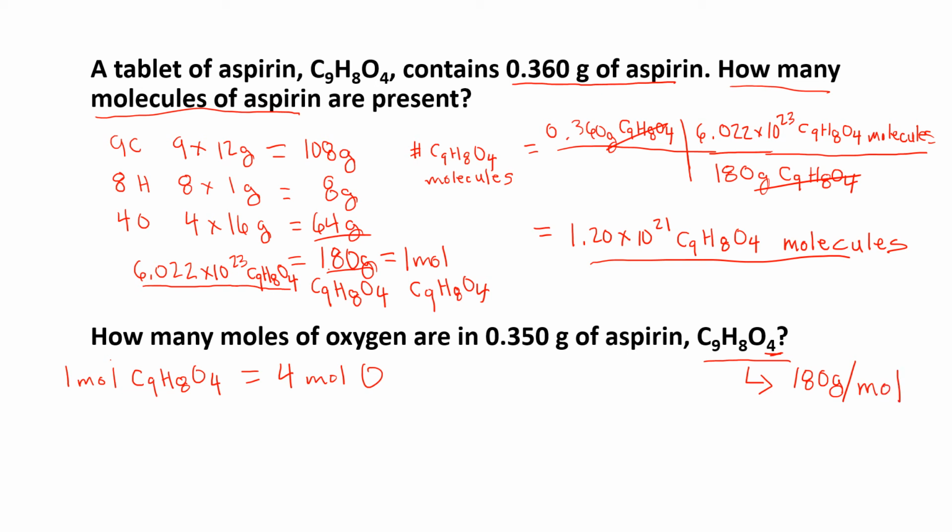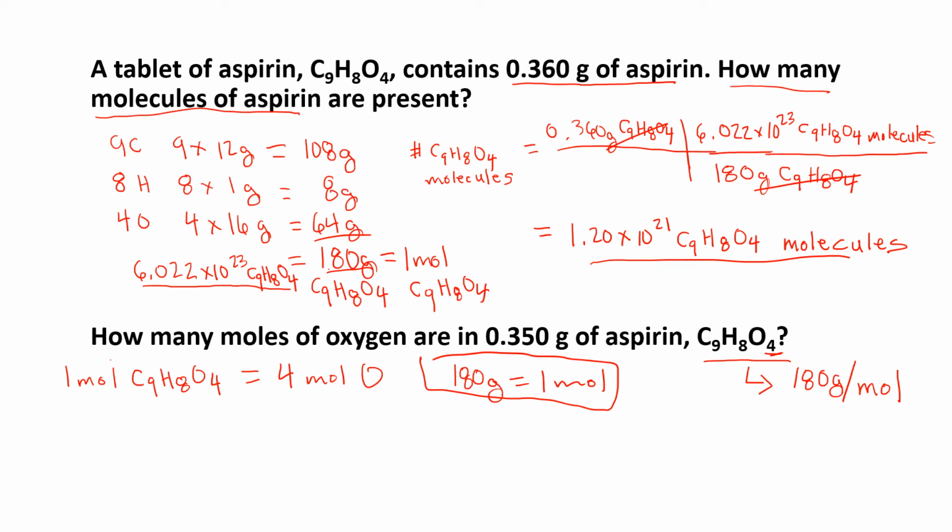All right, so I can use that as a conversion factor. So for 180 grams, that is equal to 1 mole of aspirin. I can take this equality and use it as a conversion factor.